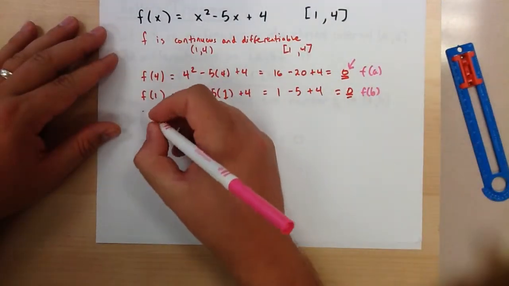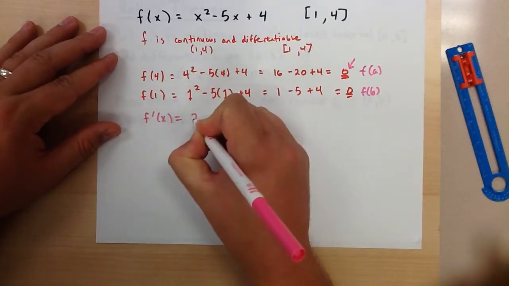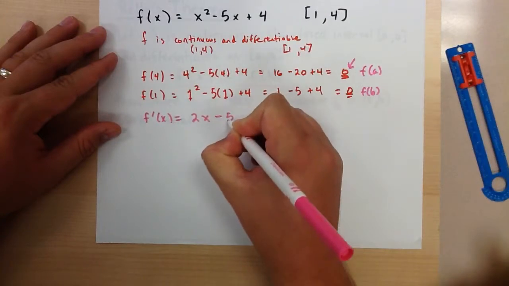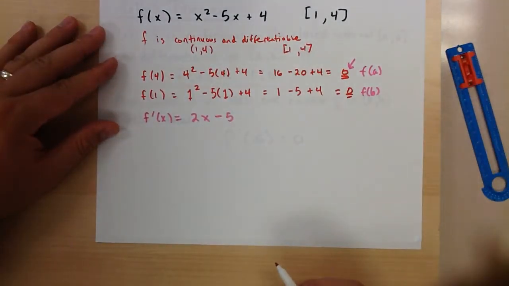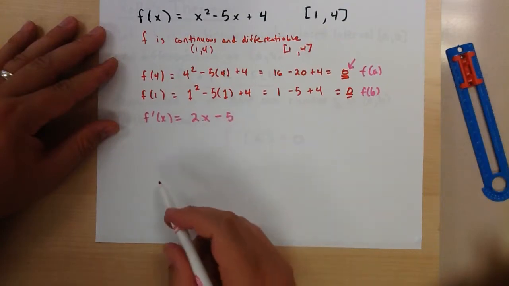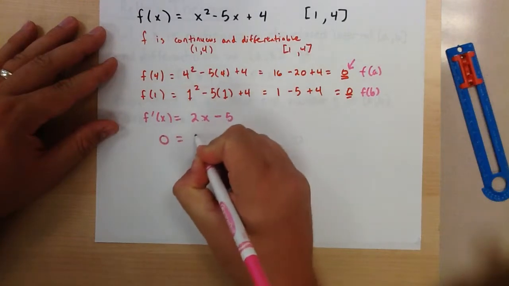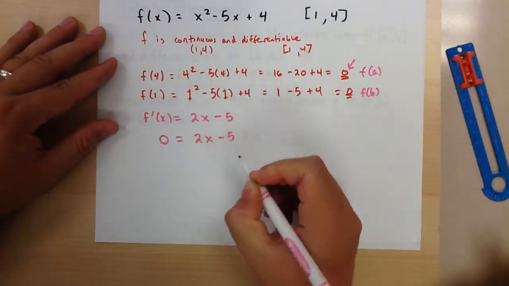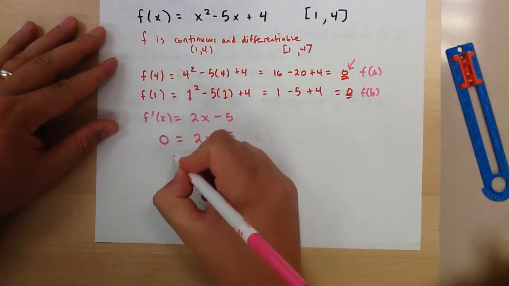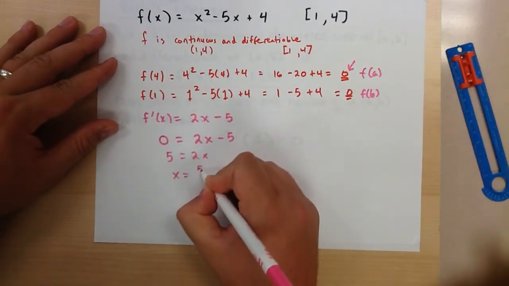So now I'm going to take my derivative, f prime of x, 2x minus 5. Now we want to know when this derivative equals 0. So we're going to do 0 equals 2x minus 5. We add 5 to both sides and then divide by 2. So x is 5 halves.